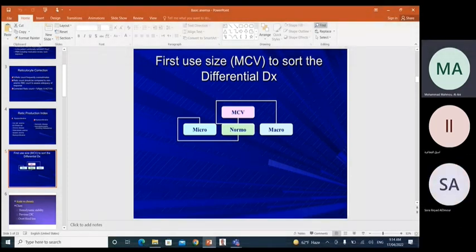When it is large, more than 100 femtoliter, it is called macrocytic.